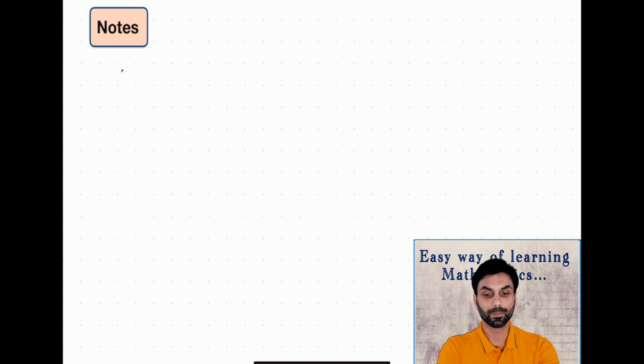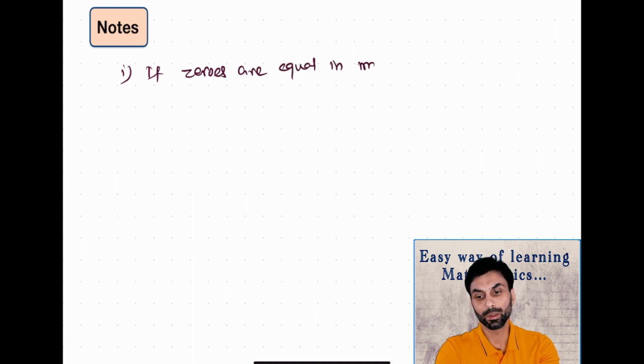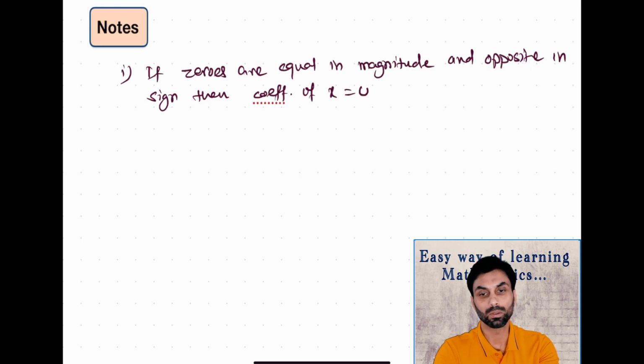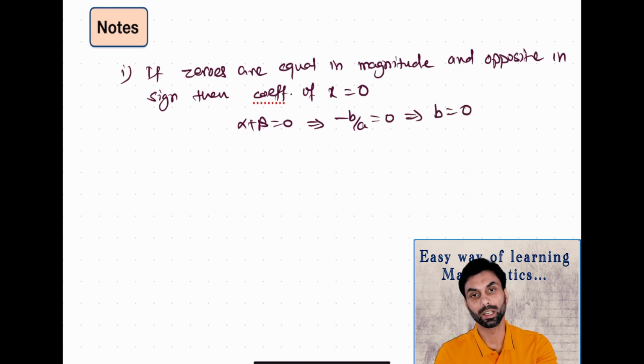The first point is that if zeros are equal in magnitude and opposite in sign, then the coefficient of x will be equal to 0, because in that case the value of alpha plus beta will be 0, which implies minus b upon a will be 0, and so the b value will be equal to 0.